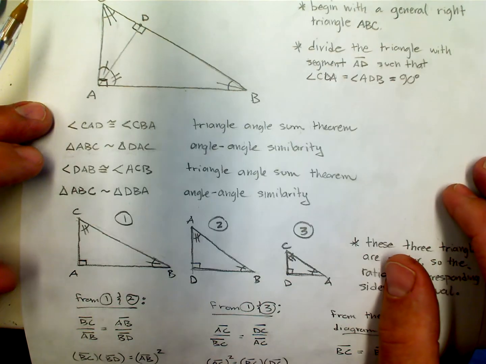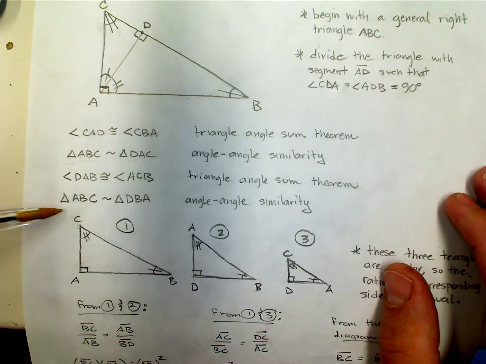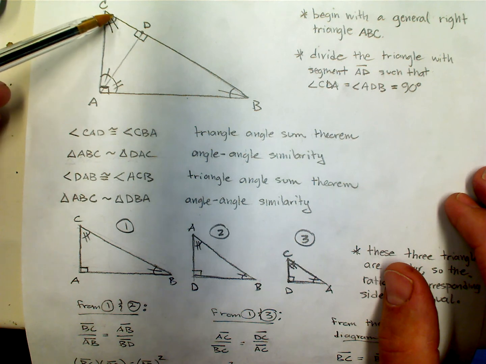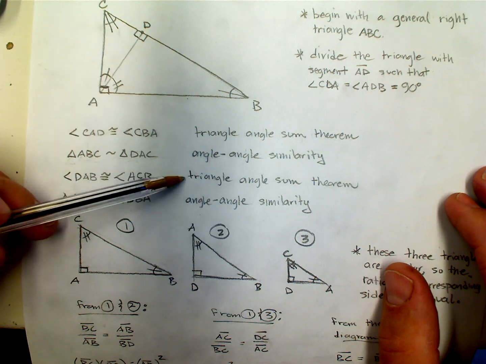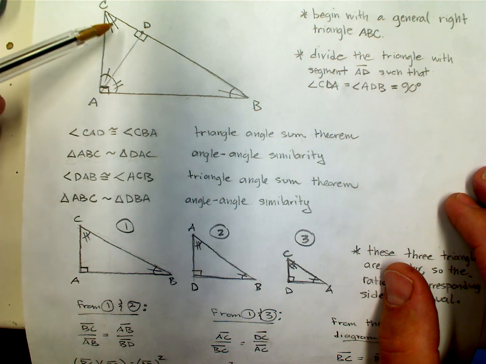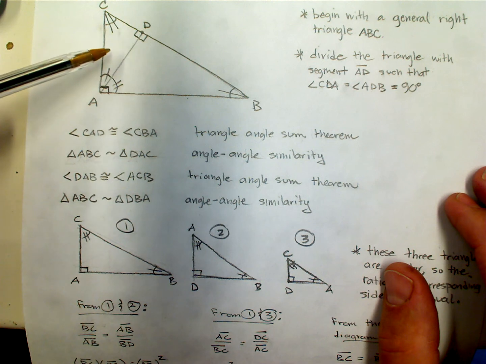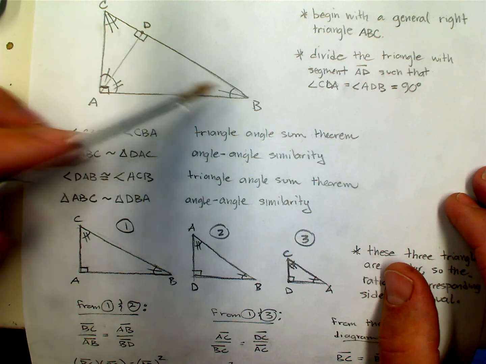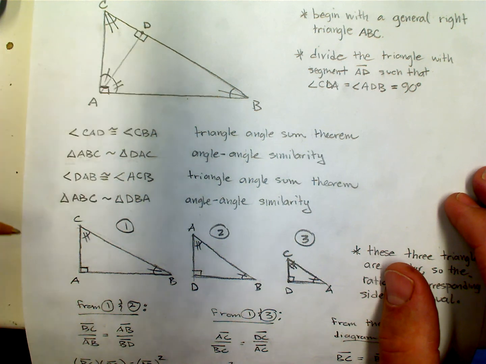I can do a similar thing here and demonstrate that angle DAB, this angle, is congruent to this angle up here for the same reason, and that means that the triangle ABC, the big triangle, is also similar to triangle DBA, which is like the medium-sized triangle here.